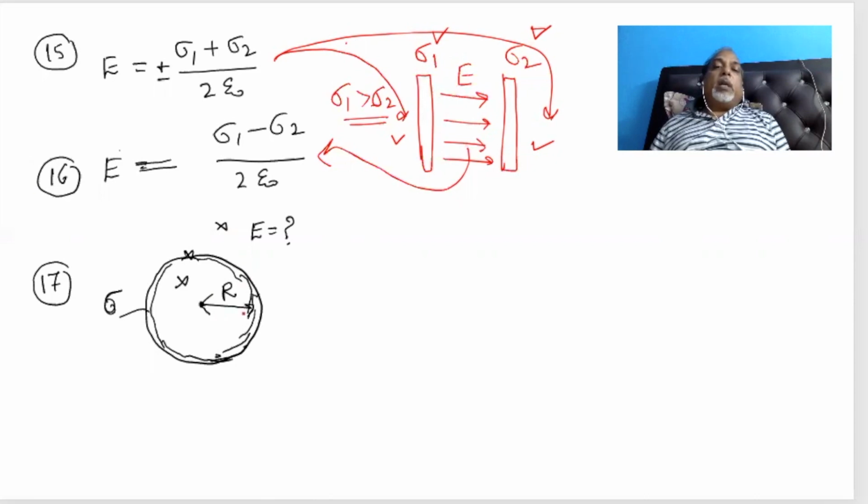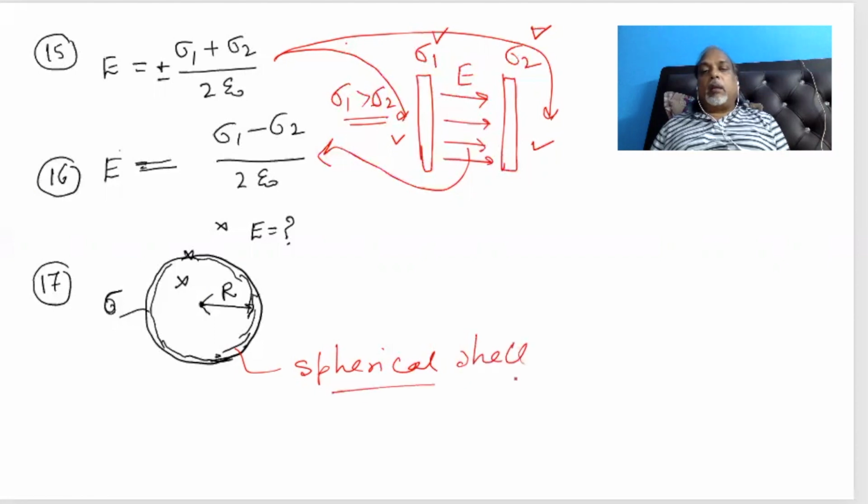Now this is a spherical shell. Let us see what the electric field will be at this point, at the surface, and at this point.